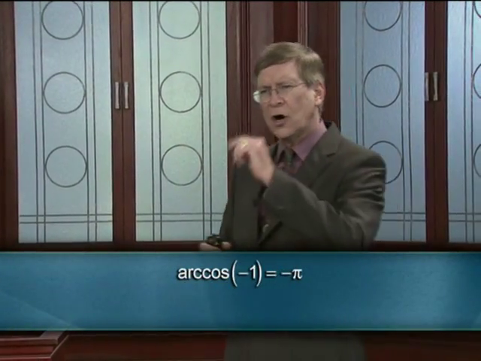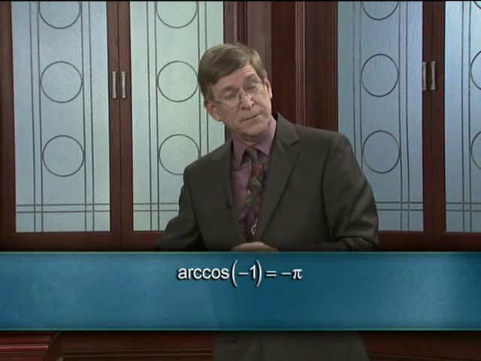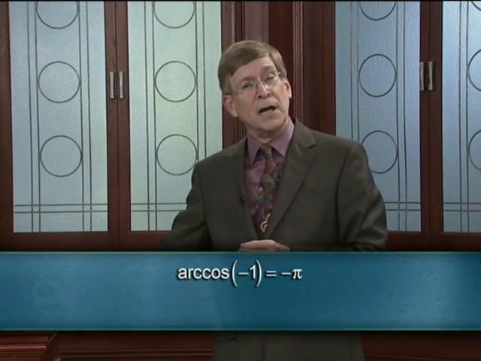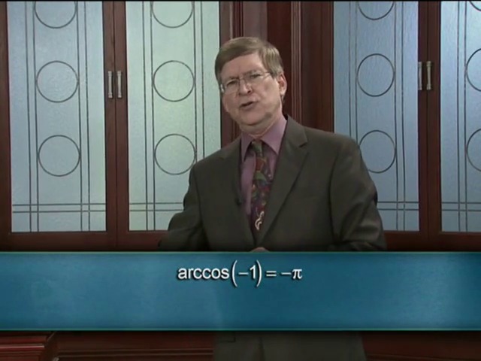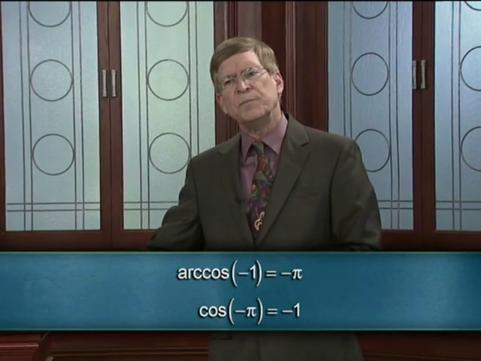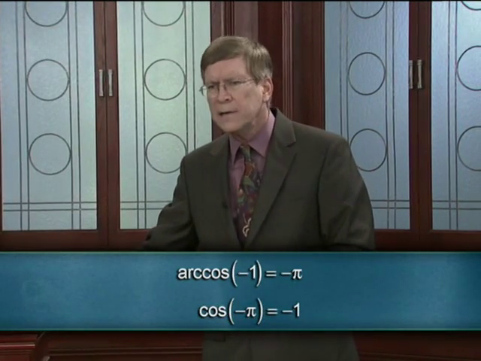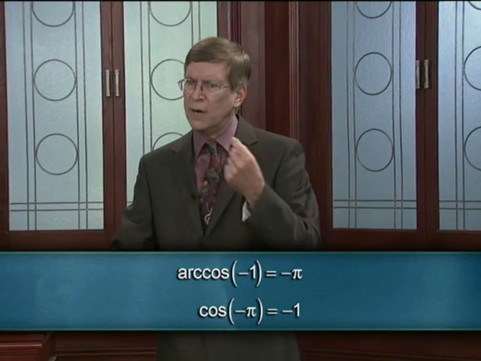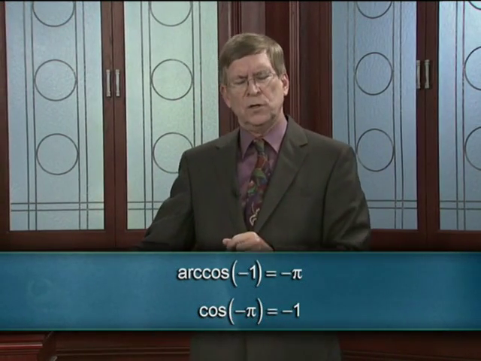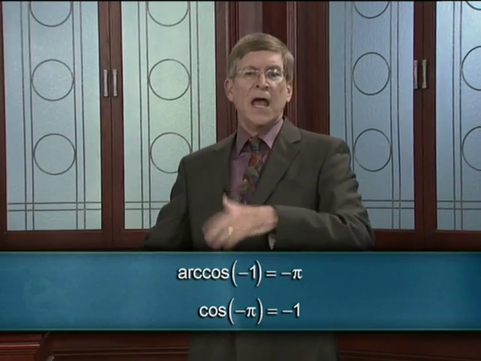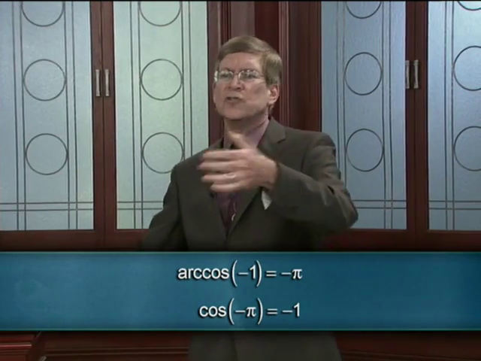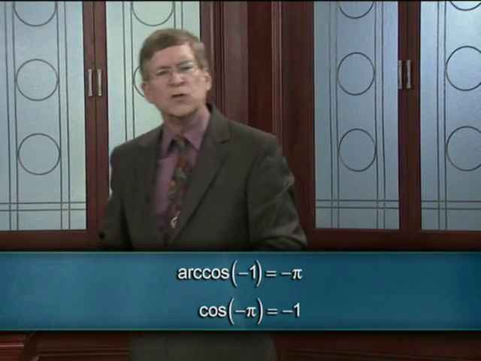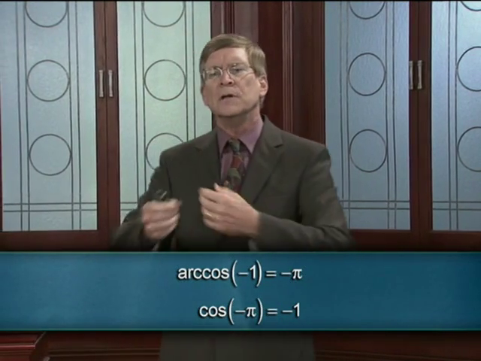Student comes up to you and says, Professor, I think arc cosine of minus 1 is minus pi. And here's why I think that, teacher. Cosine of minus pi equals minus 1, right? And I would answer the student, you're right. Cosine of minus pi does equal minus 1. So the student says, and hence, arc cosine of minus 1 must be minus pi by the inverse property.